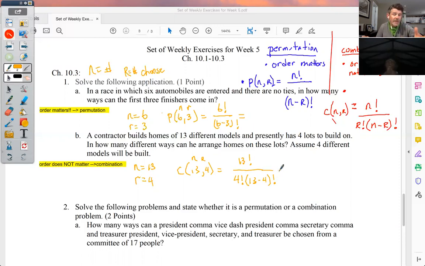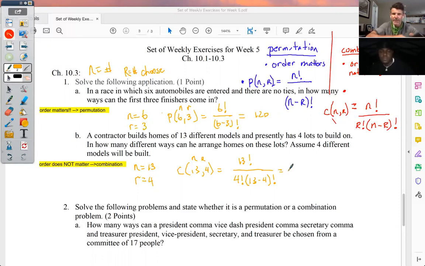And once again, you kind of have those skills. Actually, I don't have the second one worked out. But on top, you should get 120.